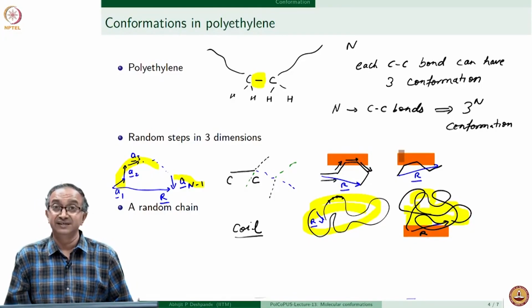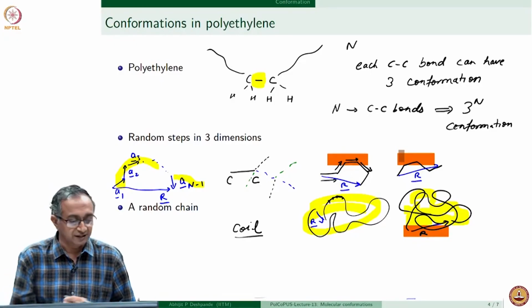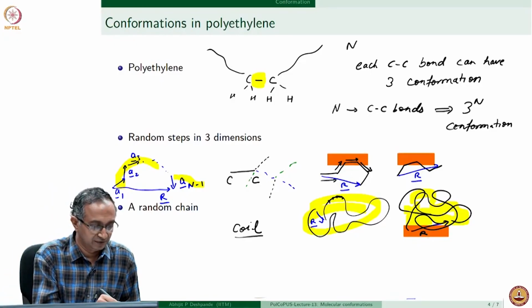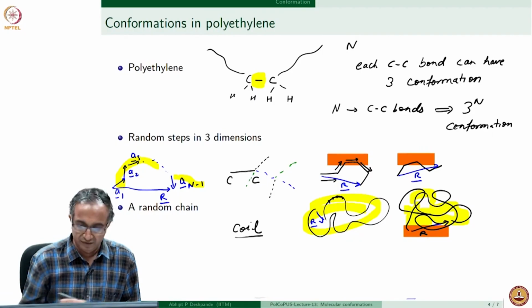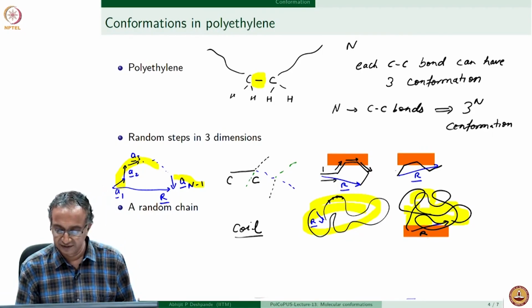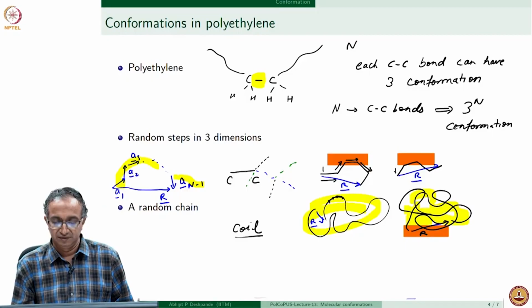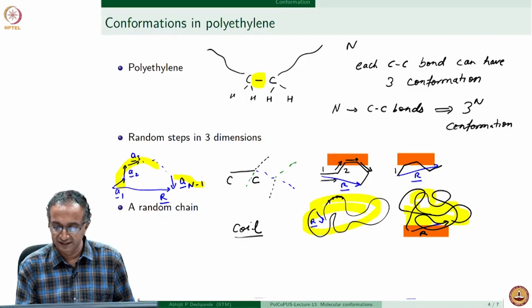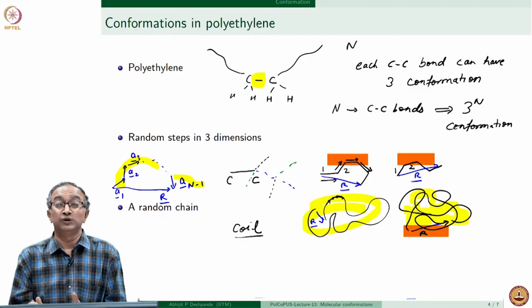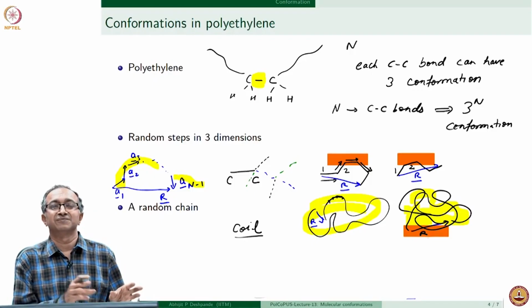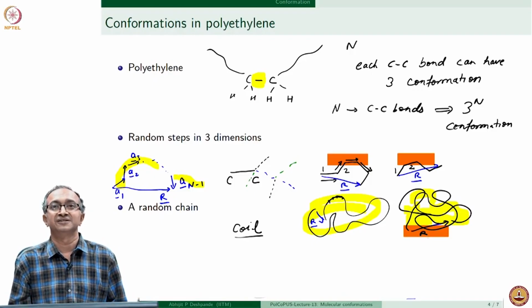And what you can see in the way I have drawn it is, if you look at the first link, this is the first link, and this is the first link. This is the second link and this is the second link. So these are only two conformations. You can already see that the first link orientations are very different in the two cases.